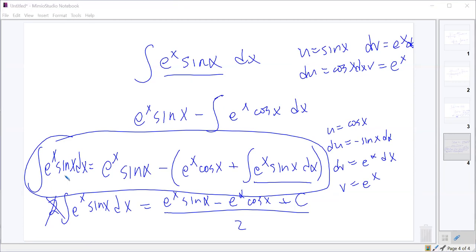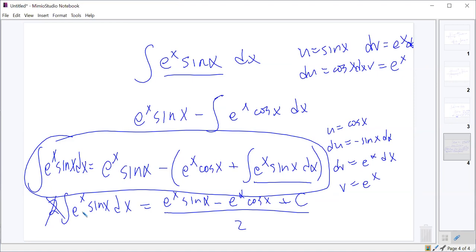Yeah. Okay. So I have this, right? And we note that the integral that I was originally looking for, the integral of e to the x sine x dx, shows up within the integration by parts formula here. And so if we distribute the minus sign of e to the x sine x minus e to the x cosine x minus the integral of e to the x sine x, we just add that negative integral of e to the x sine x as a positive over here to make it 2 integrals of e to the x sine x.